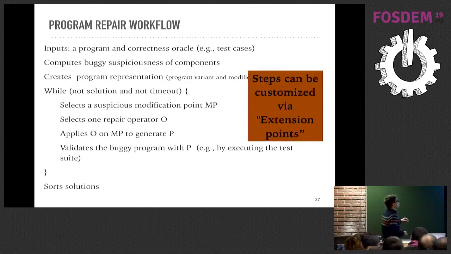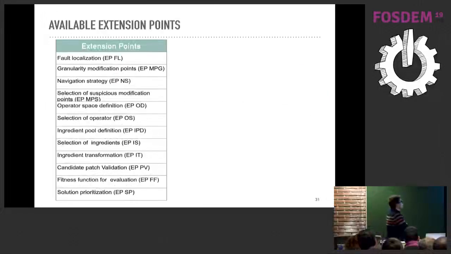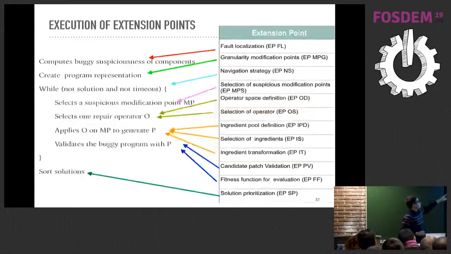So every step can be customized. That means that we can override the default behavior of one repair approach. This is the list of extension points. You can see that each extension point can be executed in one step of the workflow. For instance, for the default localization, we can plug in a new implementation.